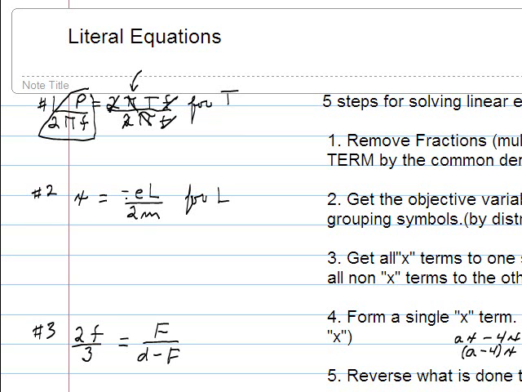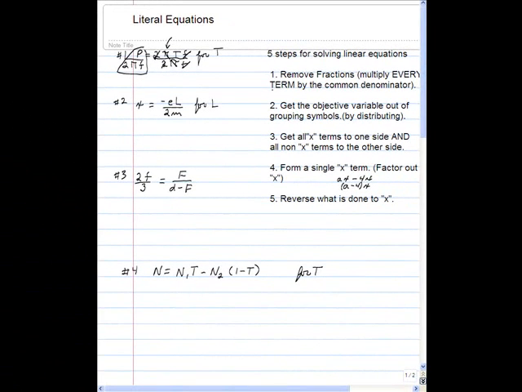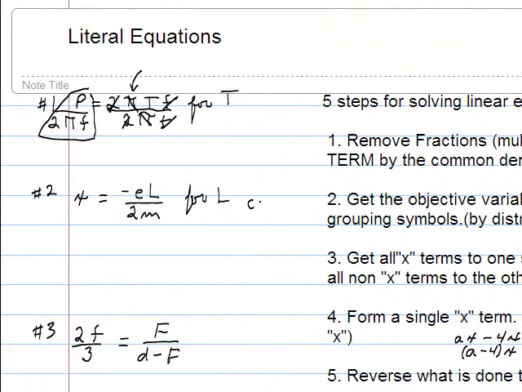In the second problem, for the first time, we see a fraction. And step 1 says get rid of those fractions. Multiply every term by the common denominator. Now, terms are separated by plus signs, minus signs, or equal signs. There are no plus or minus signs. So we only have 2 terms separated by that equal sign. Our common denominator in this case is our only denominator, 2m.